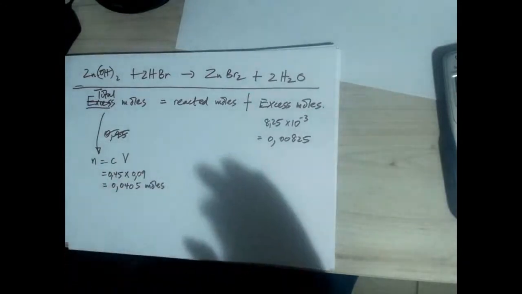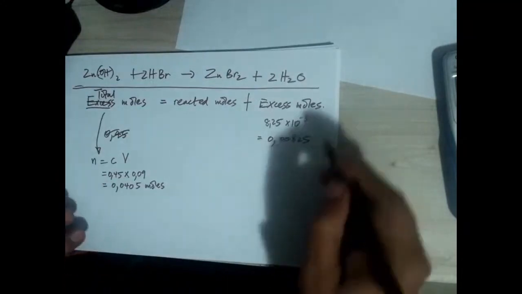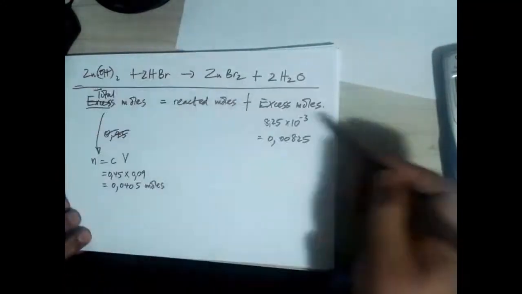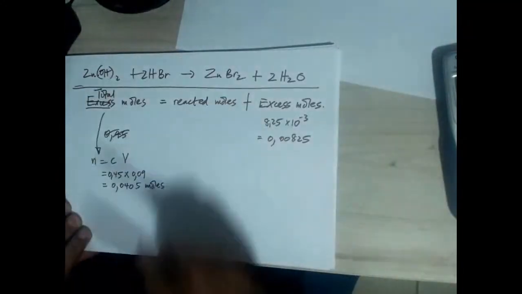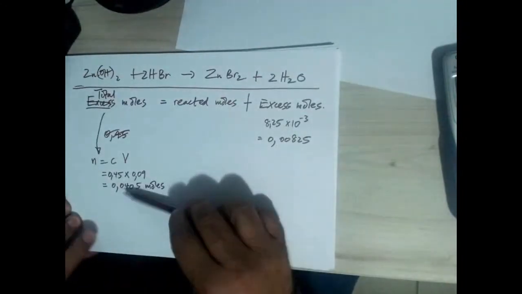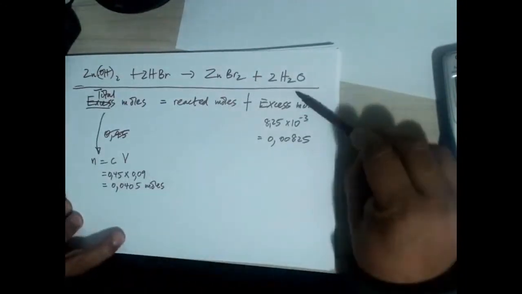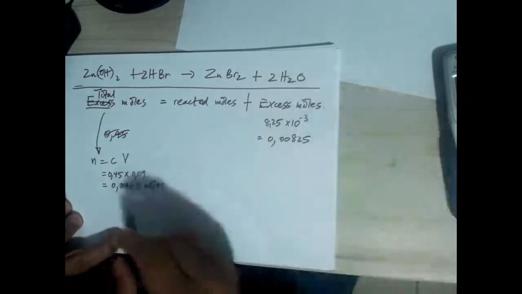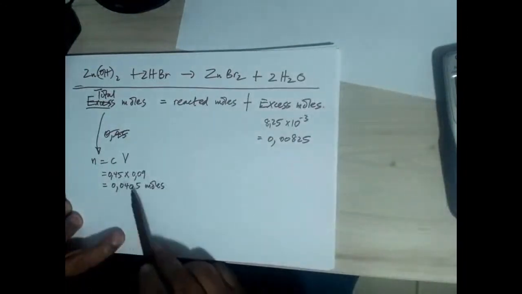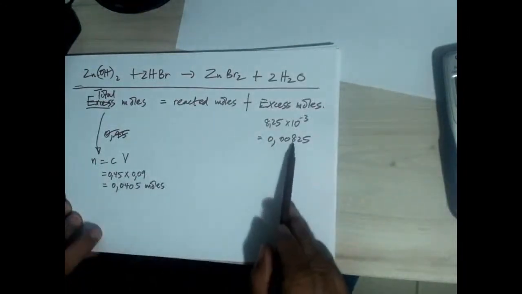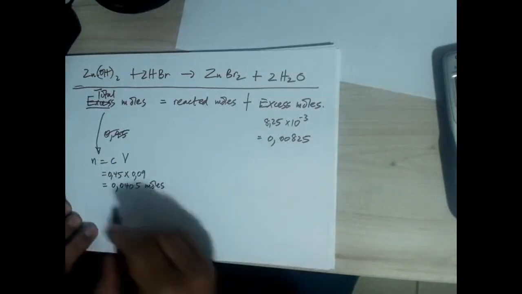Right, so remember, with these excess calculations, it always comes back to this little equation over here. I've got the total moles, I've got the excess moles. So the reacted moles is obviously the total moles minus the excess moles.